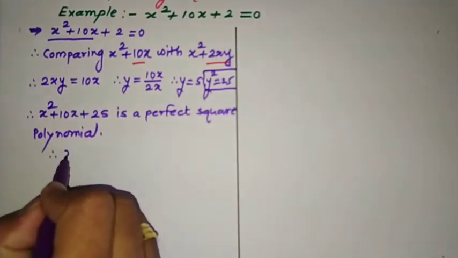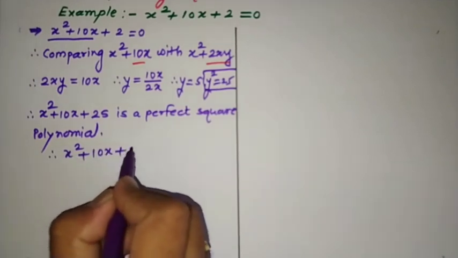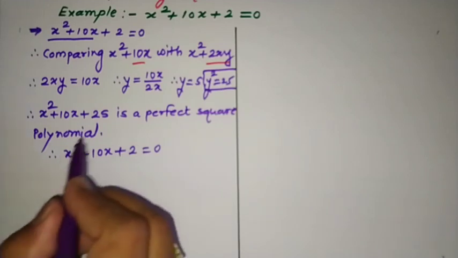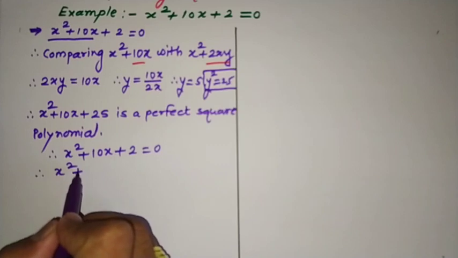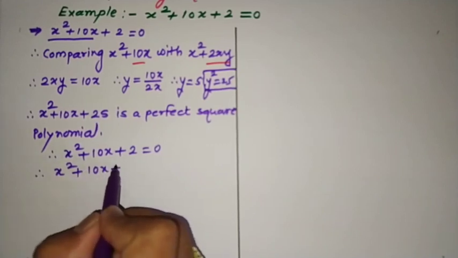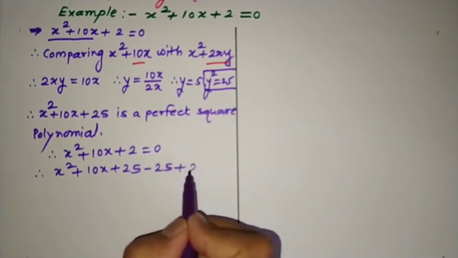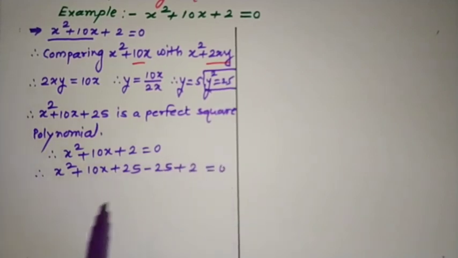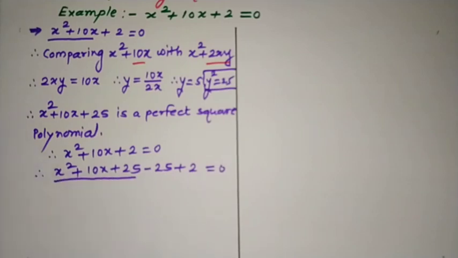Therefore x square plus 10x plus 2 is equal to 0. Add 25 and subtract 25: x square plus 10x plus 25 minus 25 plus 2 is equal to 0. Write the first three terms in square form, and the last two terms together.